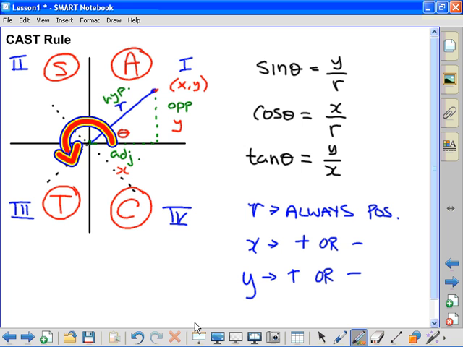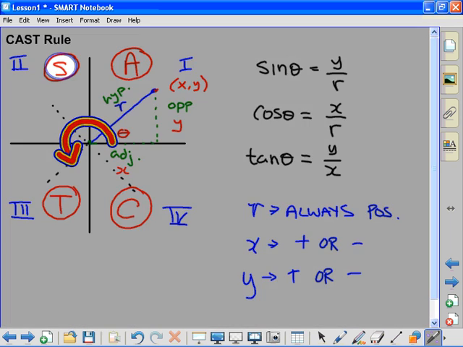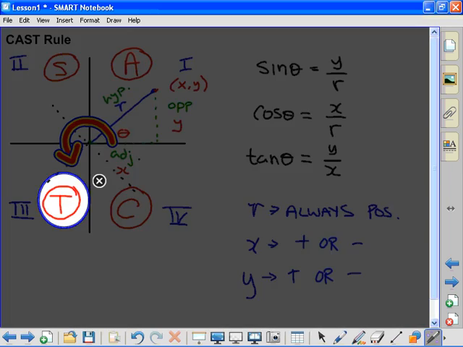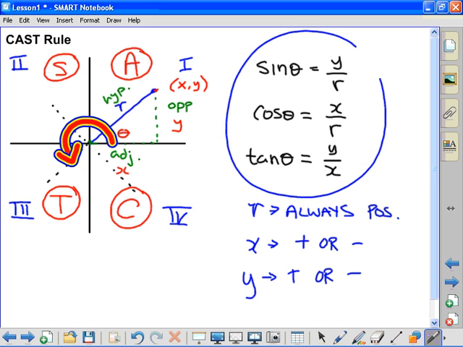And then from grade 11 and also from grade 12, we know that all trig ratios are positive in quadrant 1. Only sine is positive in quadrant 2. Tan is positive in quadrant 3. And cos is positive in quadrant 4. And that comes from your basic trig ratios.